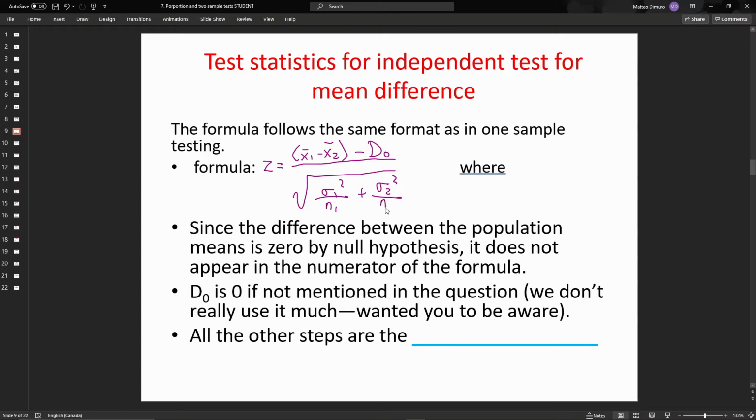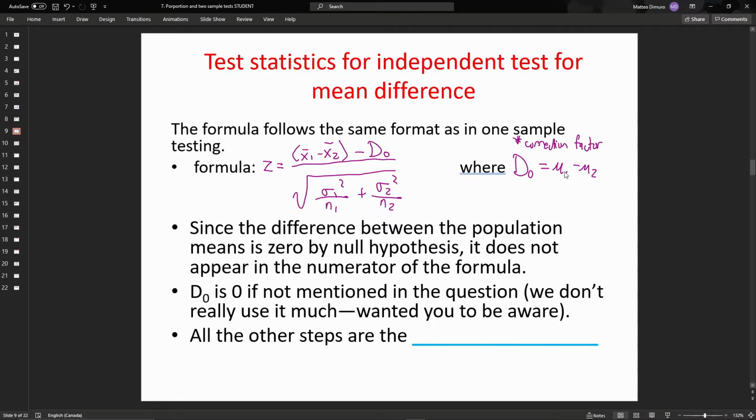We've seen that before. Now D0 is mu1 minus mu2. This is a correction factor. It's in the book, so I wanted to mention it. The good news is we don't really do this very much. I just wanted you to be aware of it because it is in some formulas and other textbooks. It's a correction factor. We don't use it.